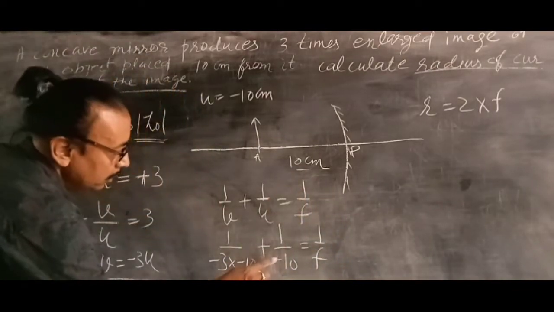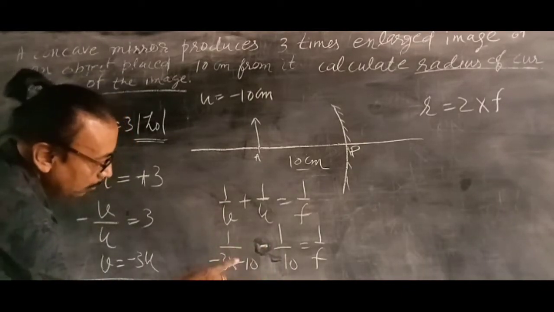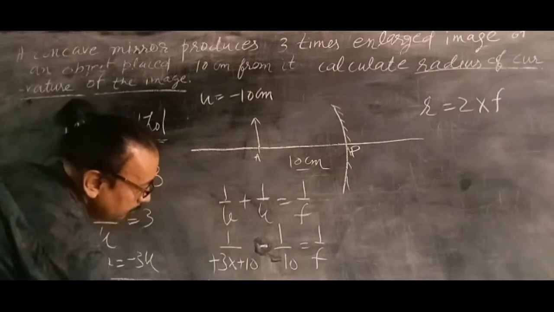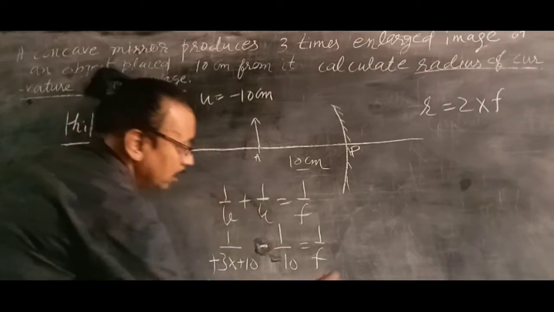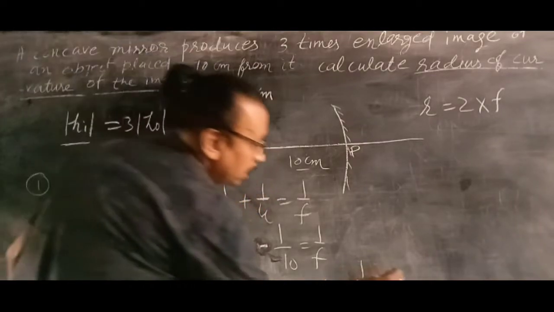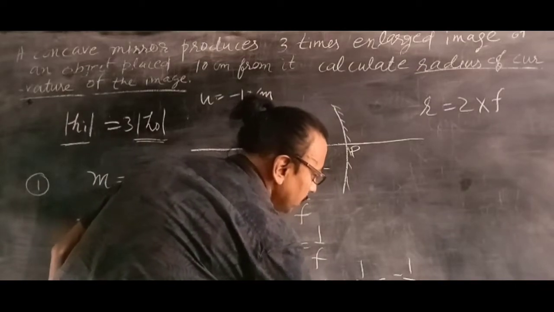On solving it, minus and minus becomes plus. So 1 by 30, LCM, 1 minus 3, that equal to 1 by f. So we get 1 by f equal to minus 2 by 30, that is minus 1 by 15. F equal to minus 15 centimeter.